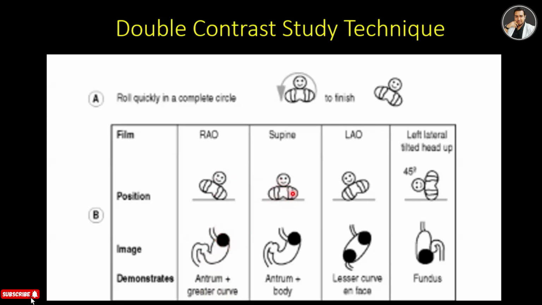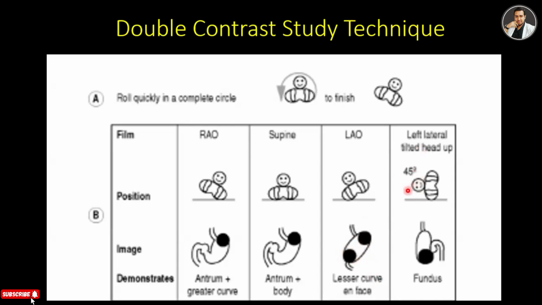And now ask the patient to be in supine position, and in this position the antrum and body of the stomach will be visible. And now ask the patient to rotate into the left anterior oblique position, and in this position the lesser curvature and the pylorus will be visible.